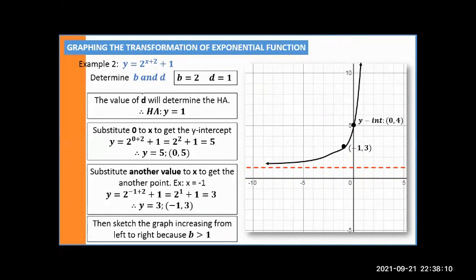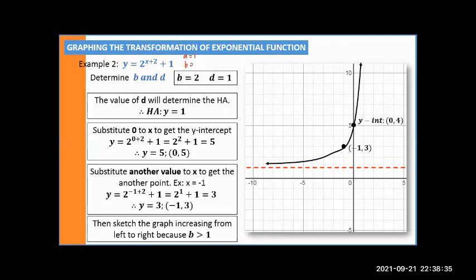So, example number 2, we have this function. Y is equals to 2 raised to x plus 2 plus 1. So again, kukuhanin muna natin yung value ng A, B, C, and D. Pero ang pinaka-importante, B and D. So, ang letter A nito is 1. Hindi natin sinusulat, katabi ng 2.